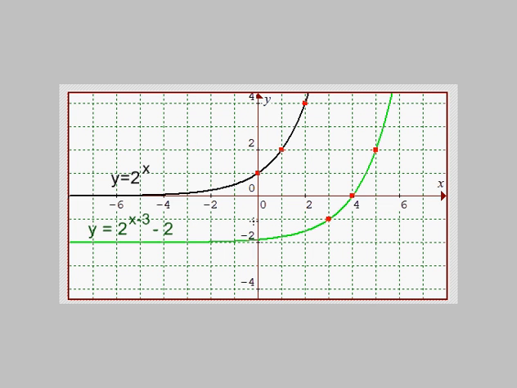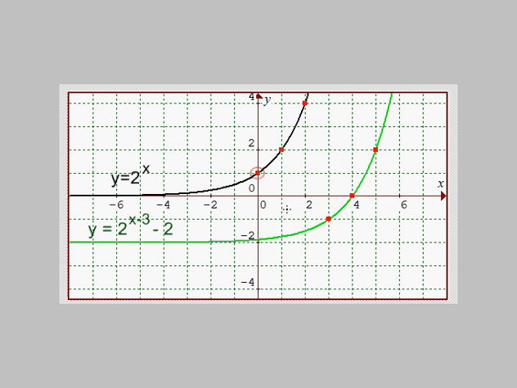In this example, we're going to compare the graph of y equals 2 to the x to its shifted graph y equals 2 to the x minus 3 minus 2, and that's the graph in green below. First, we have the graph of y equals 2 to the x. When x is 0, y is 1.